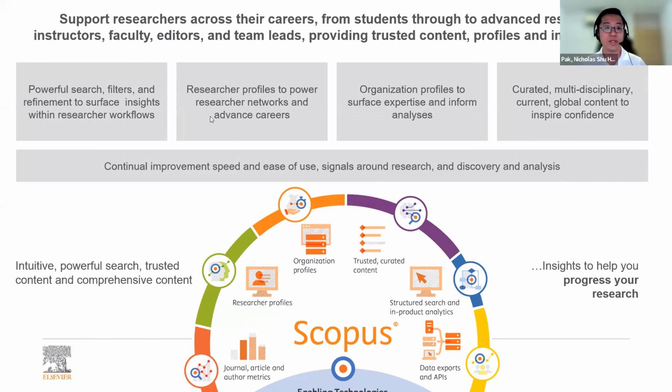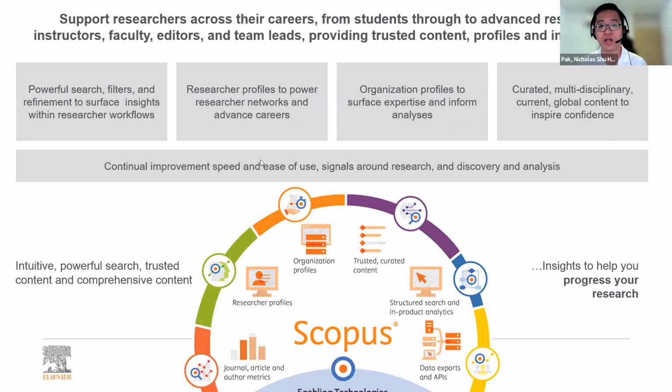How we do it is that we leverage powerful search filters and refinement to surface insights within researcher workflows. Researcher profiles will power researcher networks to advance careers. Organizational profiles are able to support departmental analysis, and this entire information is curated. It is multidisciplinary, featuring current global content to inspire confidence.